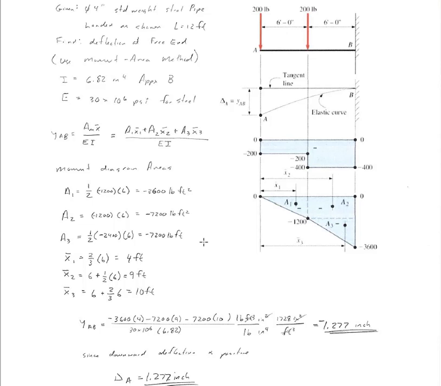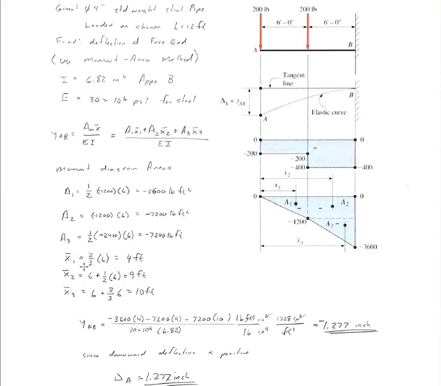To find these, especially if we end up with a second-degree parabola and stuff like that, you're going to want to look in your textbook inside the inside cover at Table 2. So we got 2 right triangles and a rectangle there. The centroid of the rectangle is easy. The right triangle, it's b divided by 3.